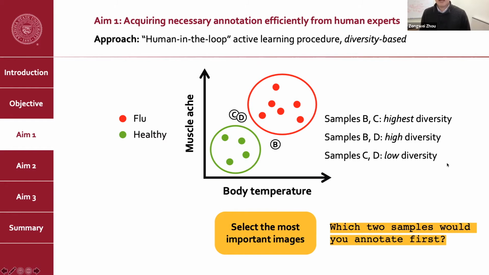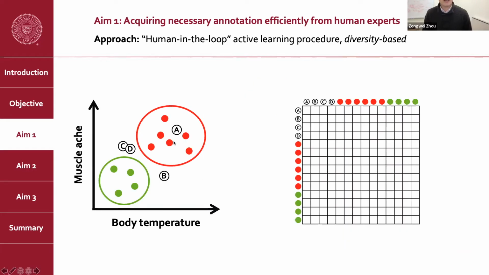The diversity-based approach aims to select new samples to be annotated that are very different from each other and different from existing labeled samples. To realize this, we create a diversity matrix where each row and each column represent the samples in the dataset, and the cell in the matrix is the similarity between the 2 samples.